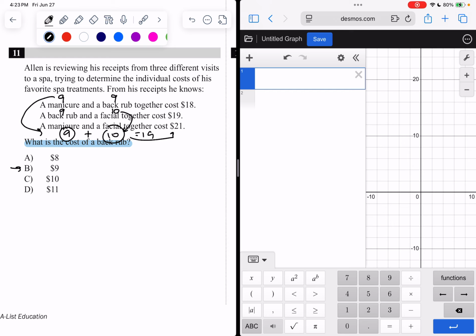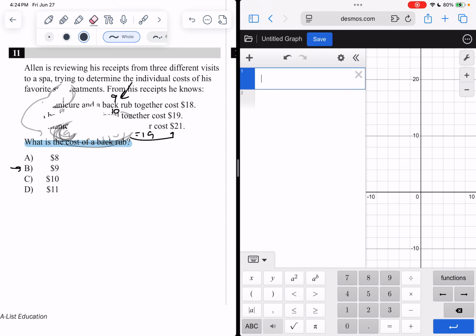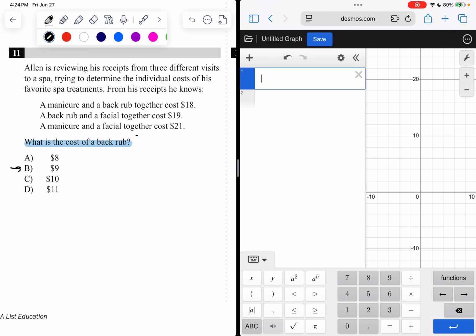That's too small, but that doesn't necessarily mean my back rub is too small, right? The bigger my back rub gets, the smaller my manicure gets, and the smaller my manicure gets, the smaller my total here gets. So actually for this one, I think I want to go smaller with my back rub. But again, I'm going to try it out, and if it doesn't work, then I know I went in the wrong direction. But let's try it.